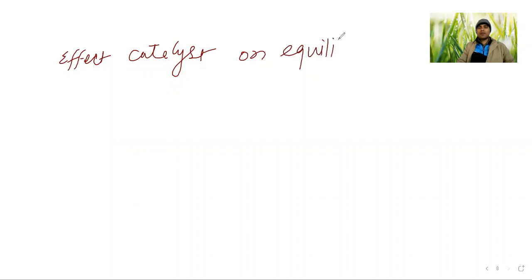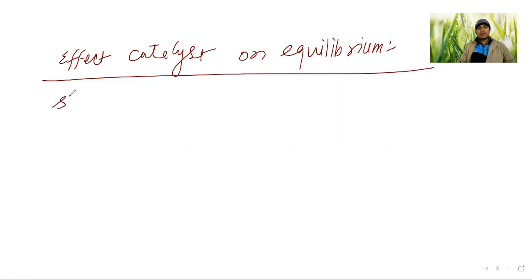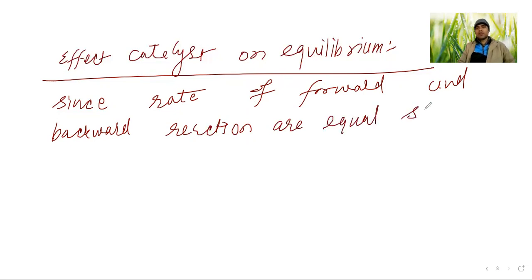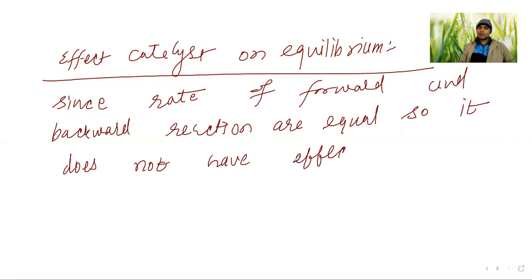Since the rate of forward and backward reaction are equal, it does not have any effect on equilibrium. Are you able to understand this?